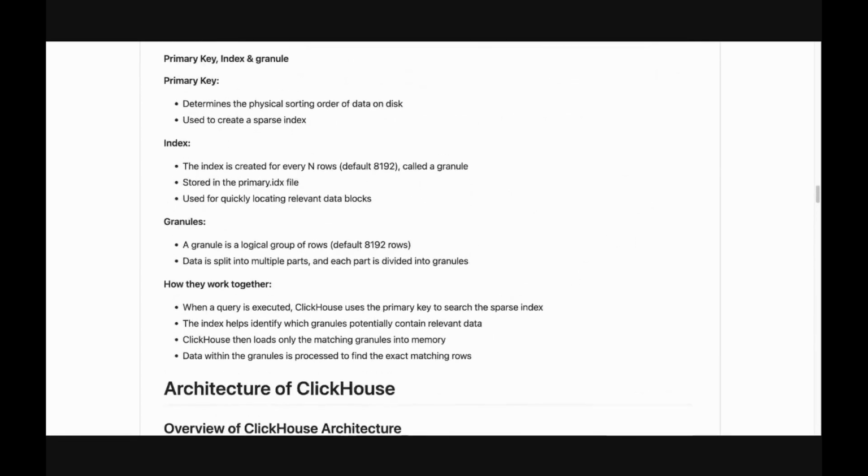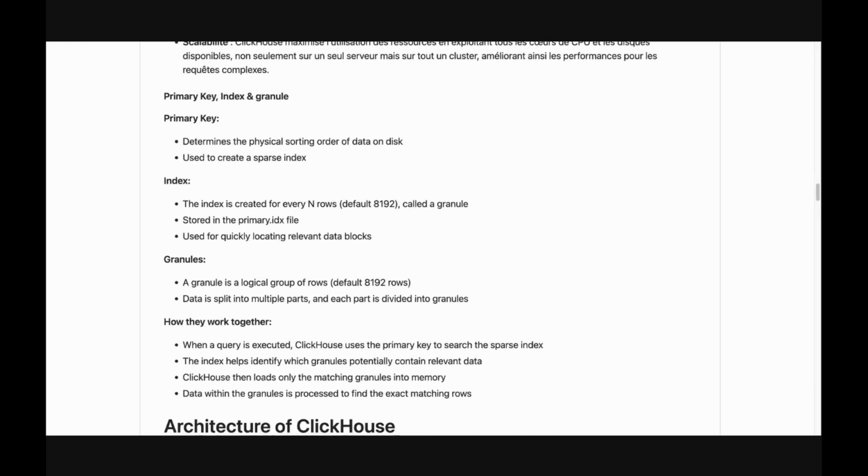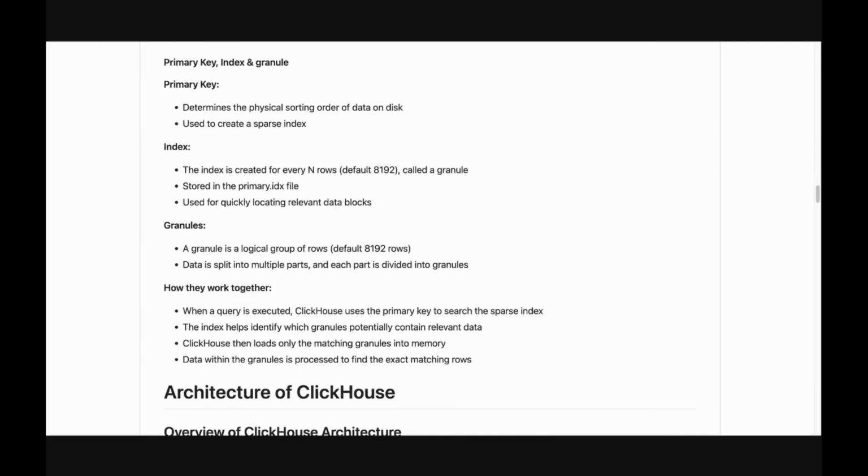So if there's one takeaway that I want you to have from this talk today, it's the way primary keys are set up in Clickhouse. First, what is a primary key, right? For a relational database, you could think of a primary key as a unique key that you have for a particular data or particular row.